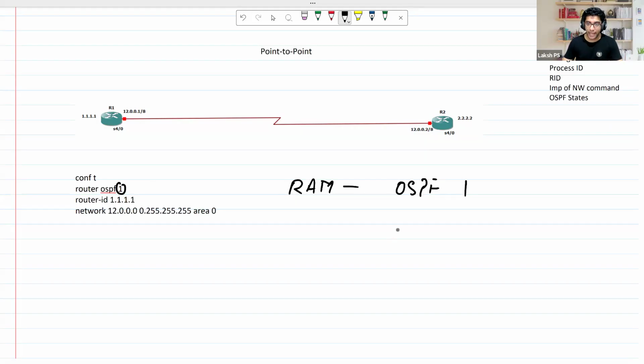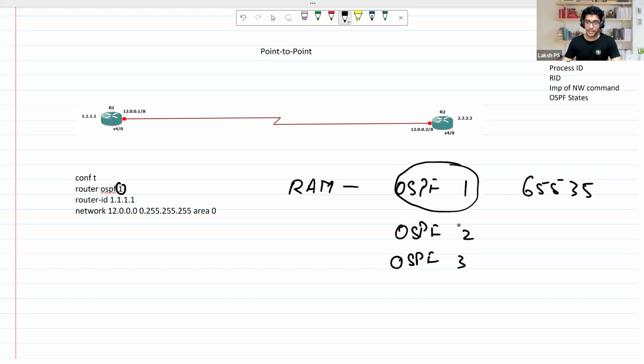This means that I can run different OSPF processes on the same router with different process IDs, starting from 1 up till 65535. This also means that OSPF 1 process is different from OSPF 2, different from OSPF 3, and different from OSPF 65535.